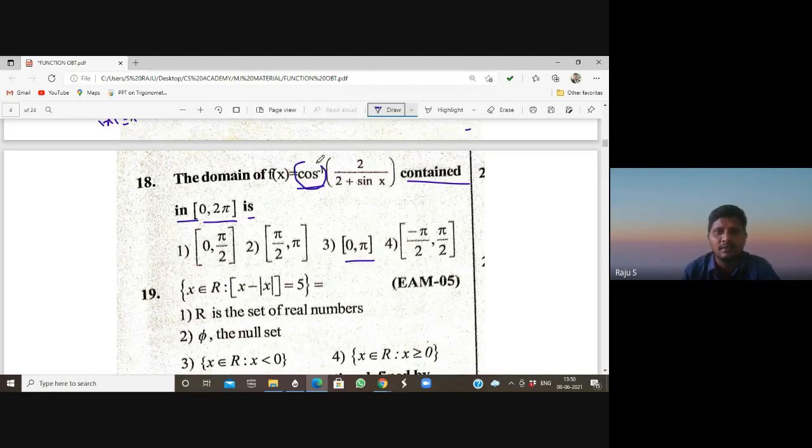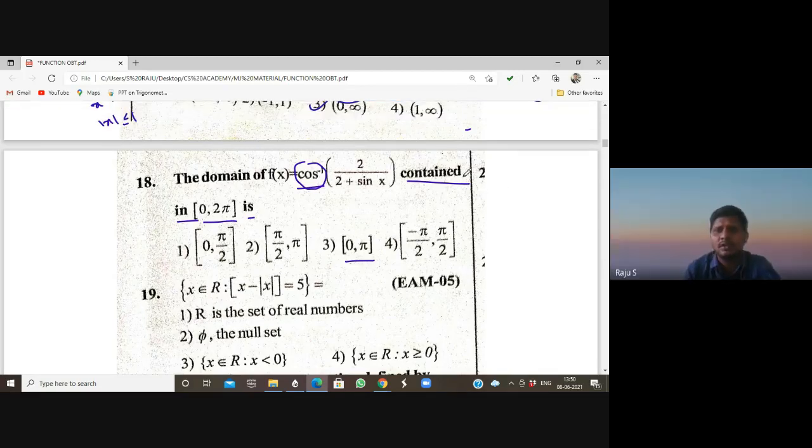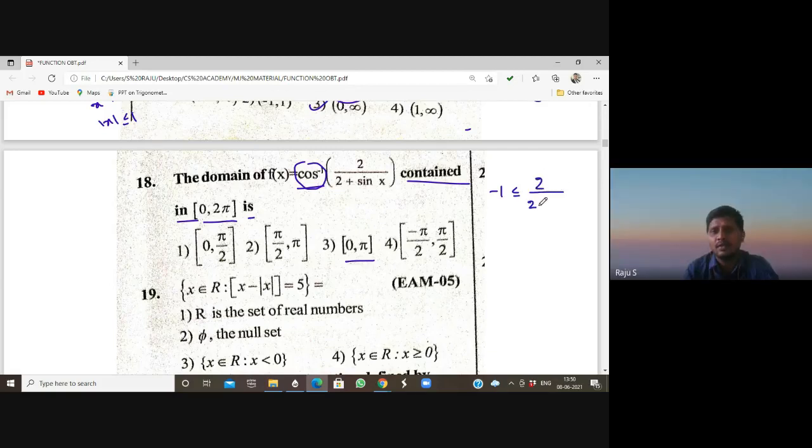What is the principal value branch of cos inverse, students? 0 to pi. So what is the domain of cos inverse? -1 to 1. In place of x, what is the function here? (2 plus sin x)/2 should be between -1 and 1.